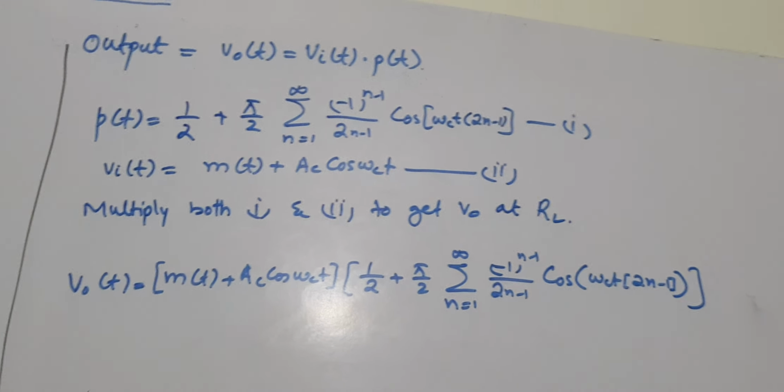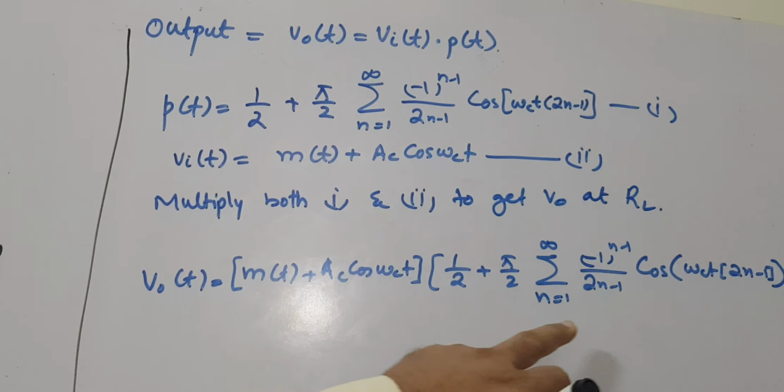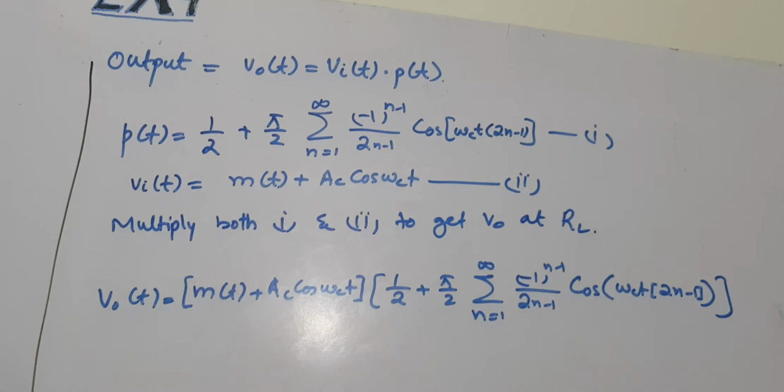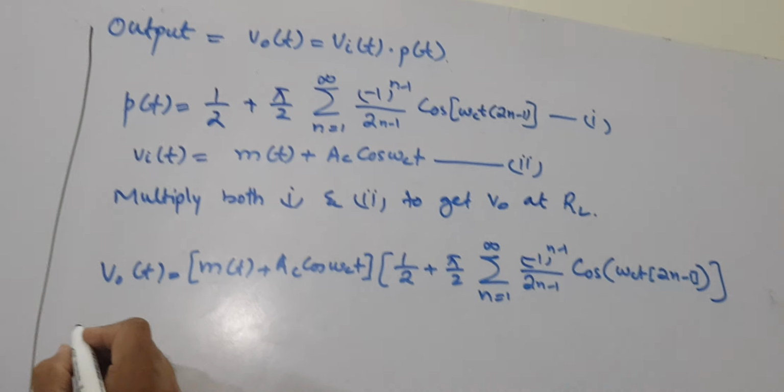So this is the maximum possible value. But you can choose different values of n.